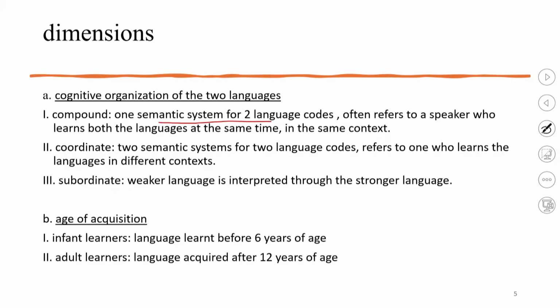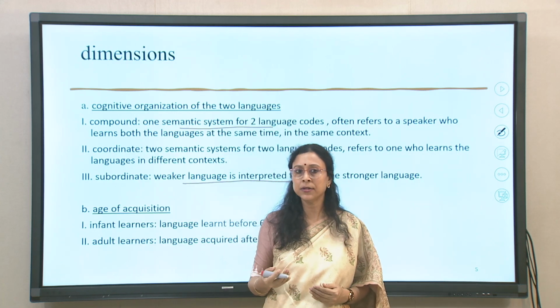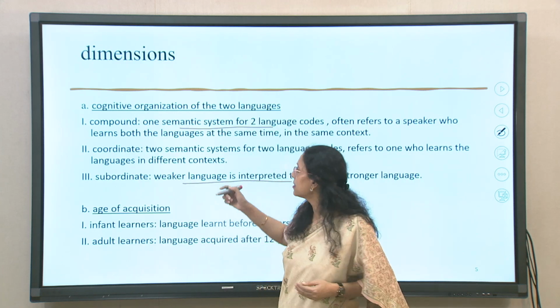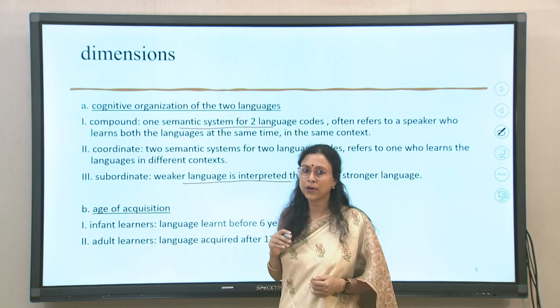Subordinate is when the weaker language is interpreted through the stronger language. The weaker language is typically the L2, so your proficiency in L2 is less compared to your L1. Depending on the proficiency level, this often relates with the age at which you learn the languages. Compound is the highest proficiency, then comes coordinate, then comes subordinate.